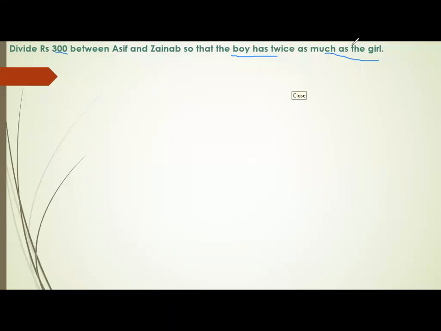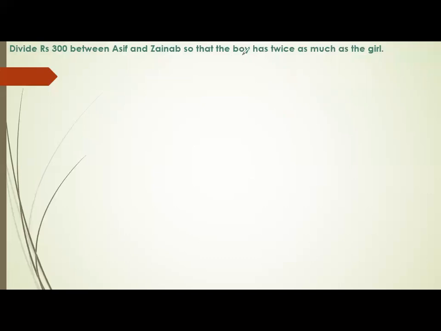And what about Zainab? Zainab gets one. Twice means double. The boy gets twice as much as the girl. If the girl gets one, the boy gets two. If the girl gets two, the boy gets four.